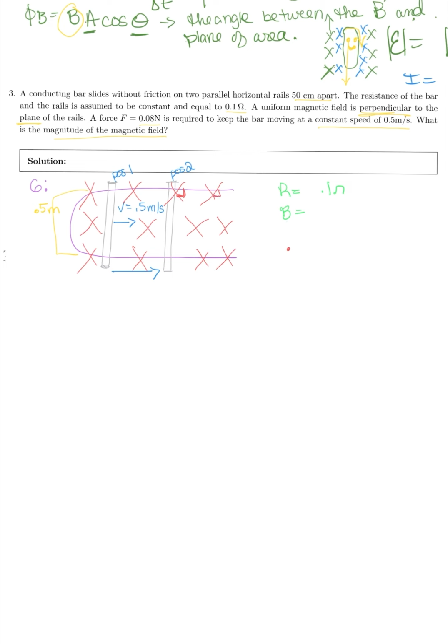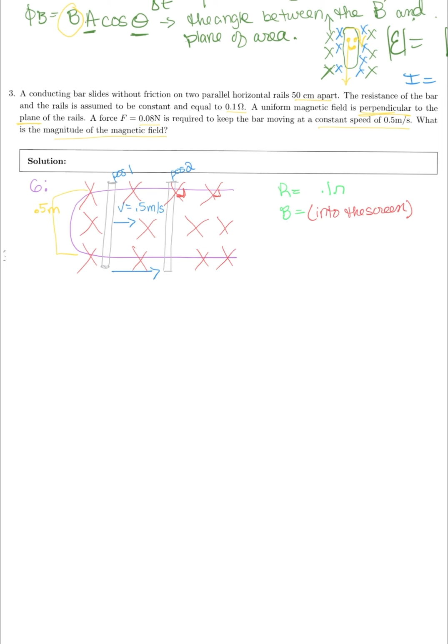It could have been in or out, but we're just going to say B into the screen. And then, what does it say? It doesn't say how much. Oh, that's what we're finding. So we need to know how much, but we've put that it's into the screen.